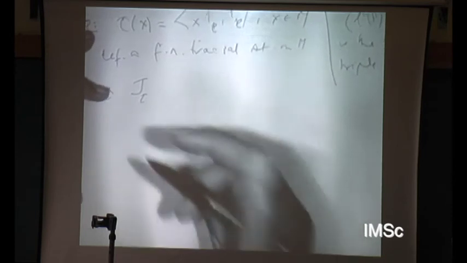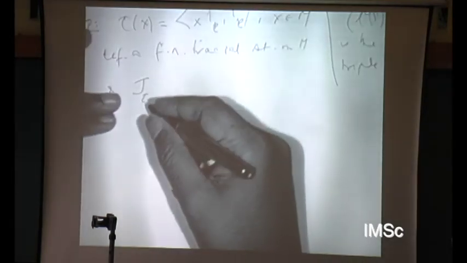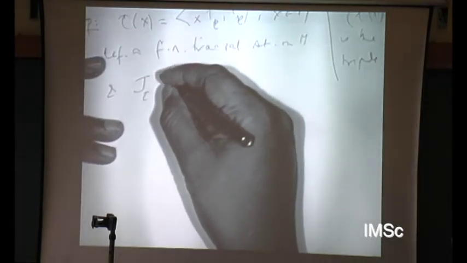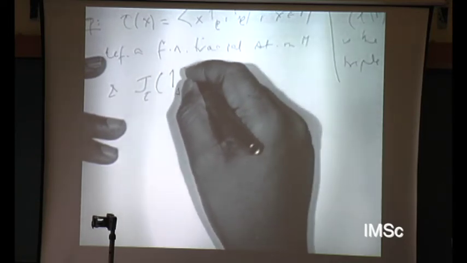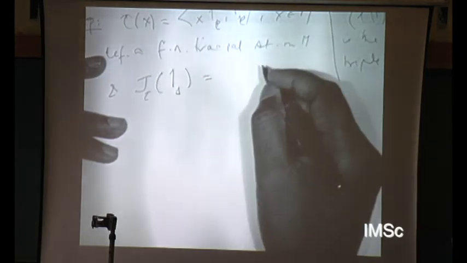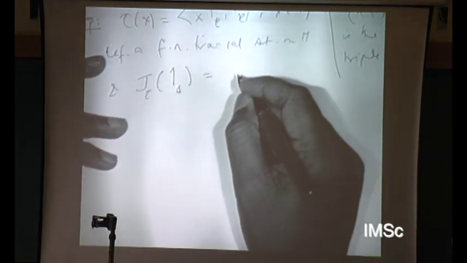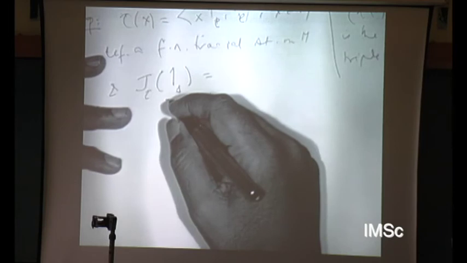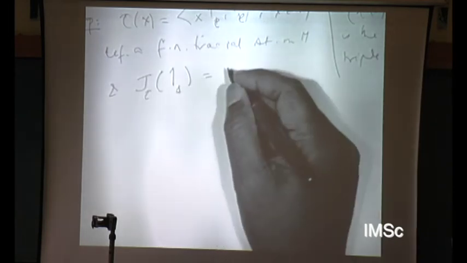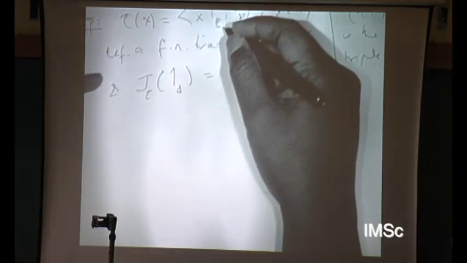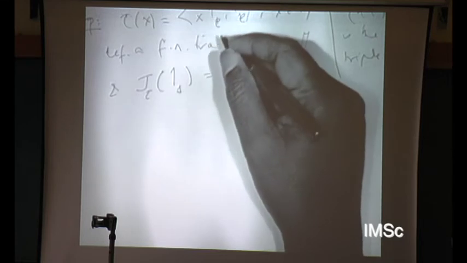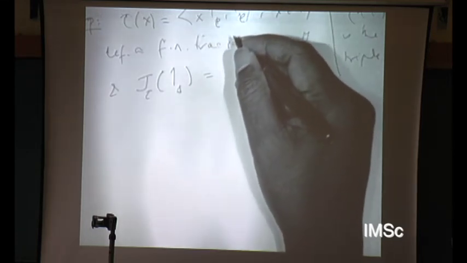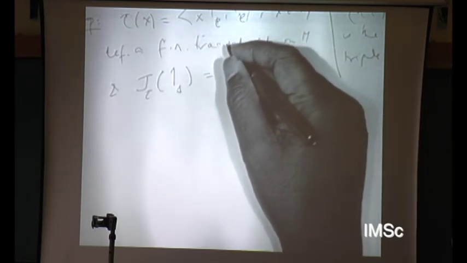Okay. And what does J tau do? You can guess what J tau of 1s is going to be. 1s is what it is, lambda s of 1 hat. The 1 hat is 1 sub e. What is lambda s of 1e? It is just 1s.